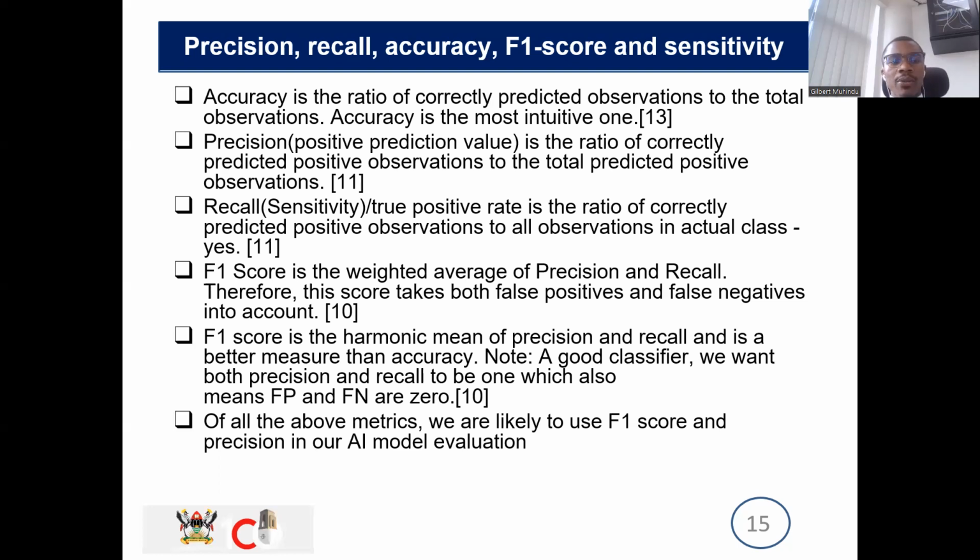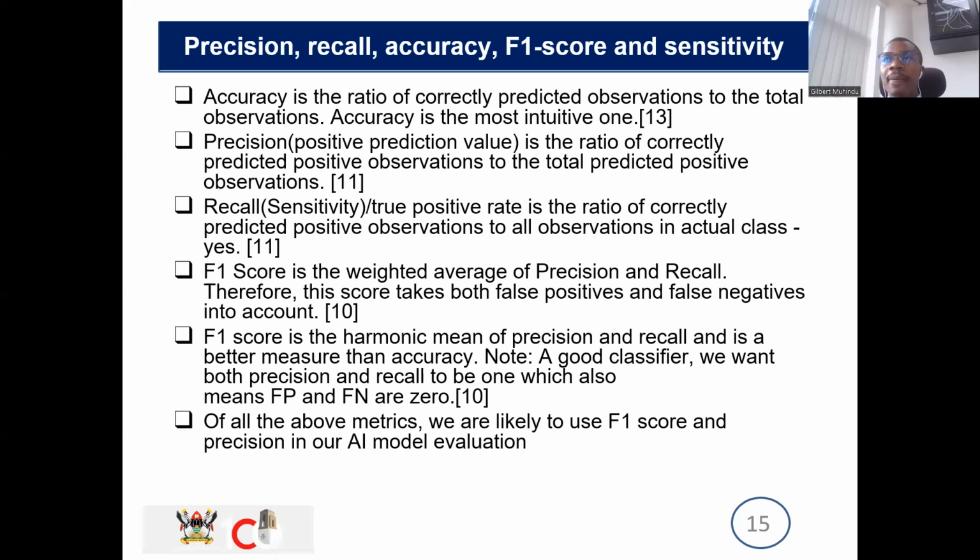Then recall, which is also known as sensitivity or true positive rate, is the ratio of correctly predicted positive observations to all observations in the actual class. What this means is that recall is the ratio of the true positive to the true positive plus the false negative.